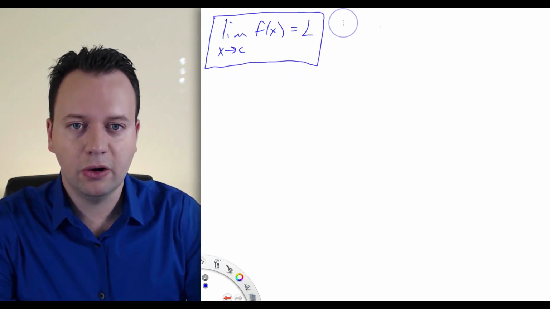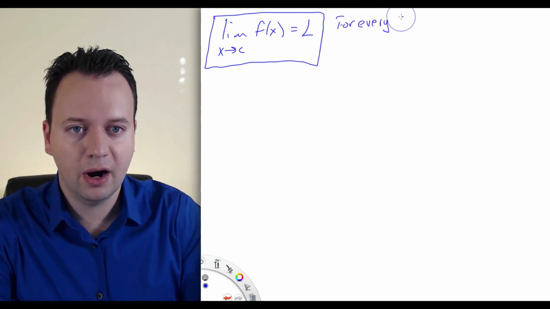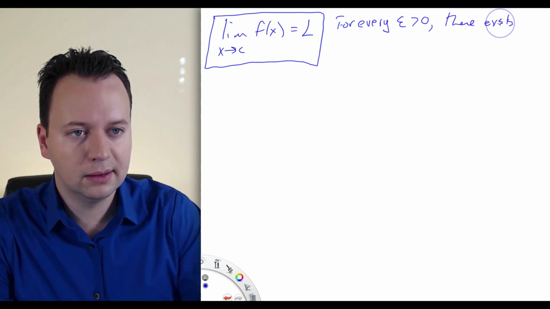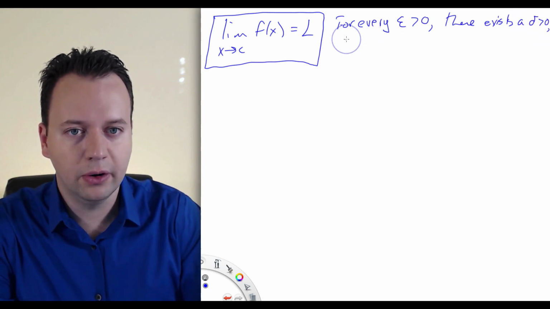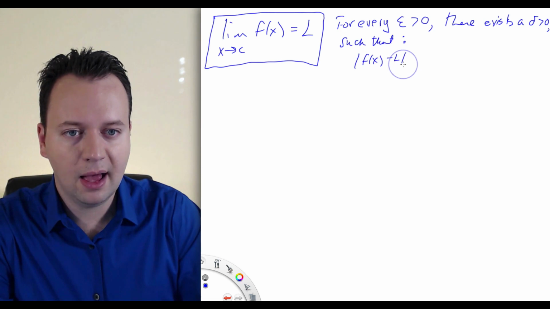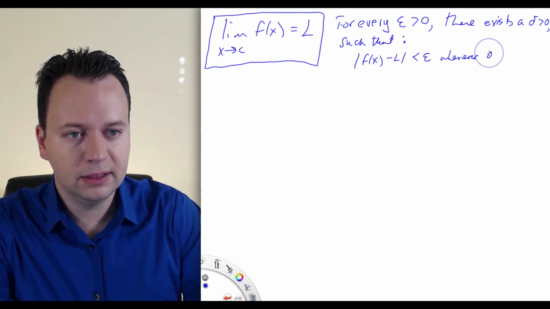And the definition here starts off very similarly: for every epsilon greater than 0, there exists a number delta, which is also greater than 0, such that the following holds. The absolute value of f of x minus L is less than epsilon whenever 0 is less than the absolute value of x minus c, which is less than delta.